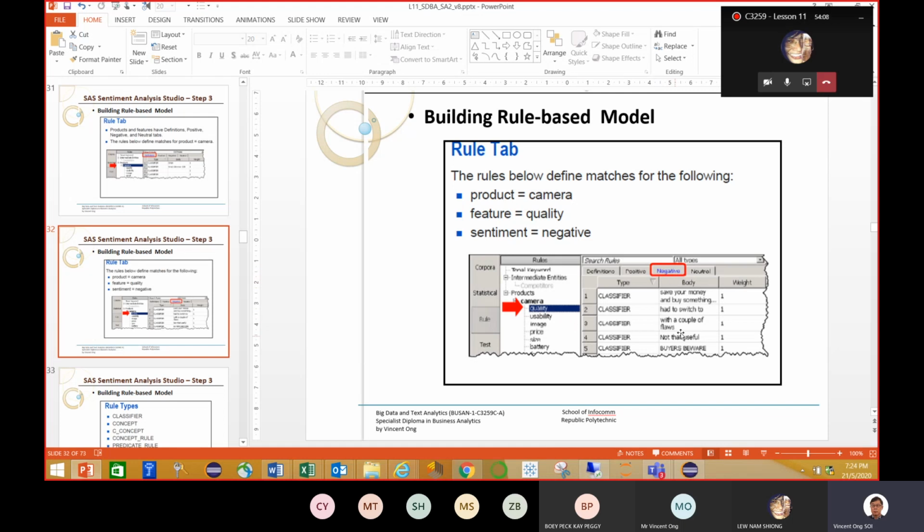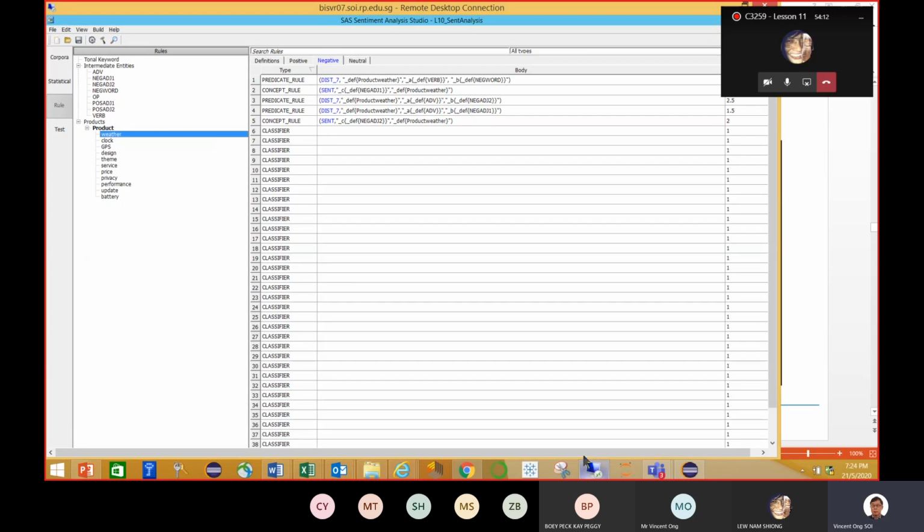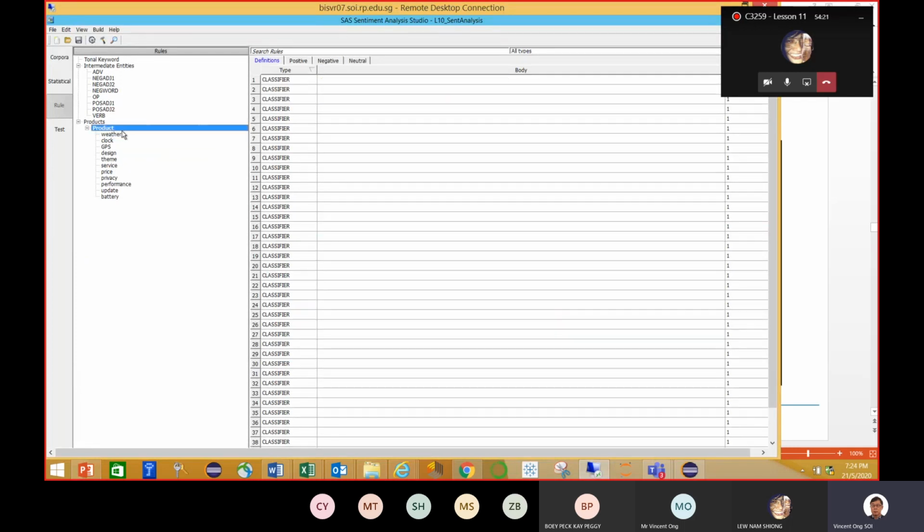Maybe I use this as an example: the product here, I think, is a sports watch. So I want to look at a certain feature.